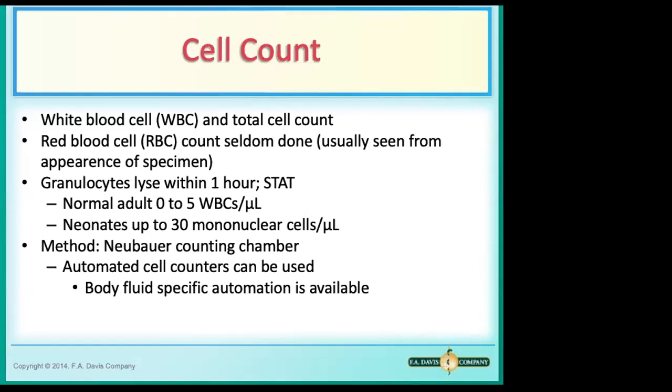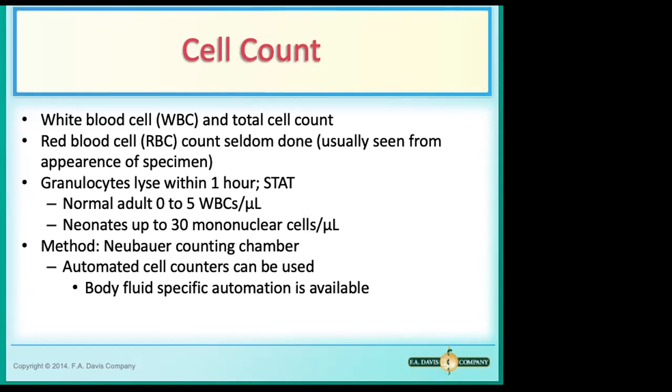The normal white count in the CSF is 0 to 5 white cells per microliter. Neonates, however, can have a bigger number of cells per microliter, and that is still normal for them. So up to 30 mononuclear cells would be normal.